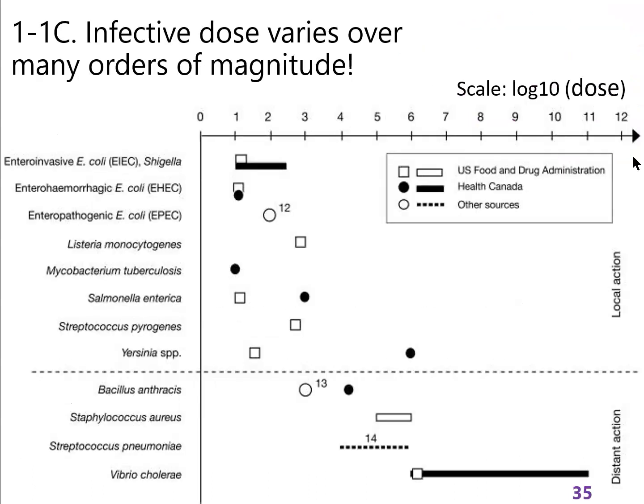So, as I brought up before, infective dose is highly varied. This is a figure that shows the U.S. Food and Drug Administration estimates of infectious dose for various pathogens and Health Canada's same estimates. And you'll see they're not identical.